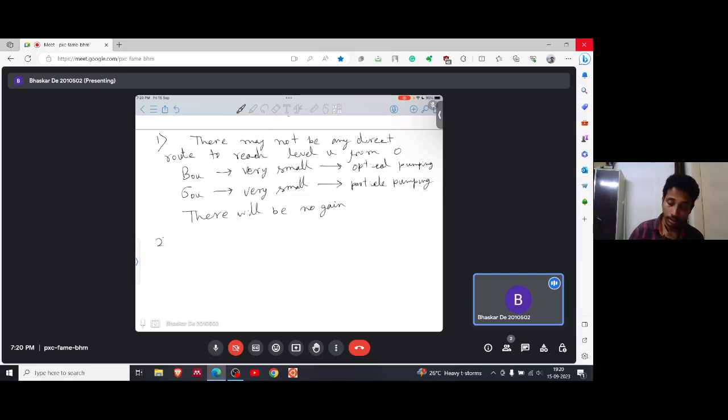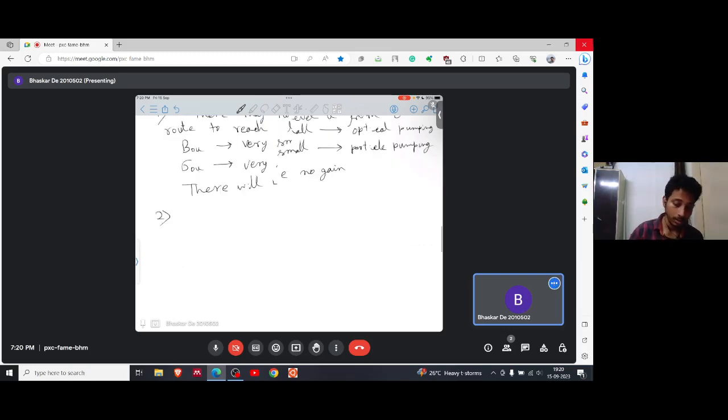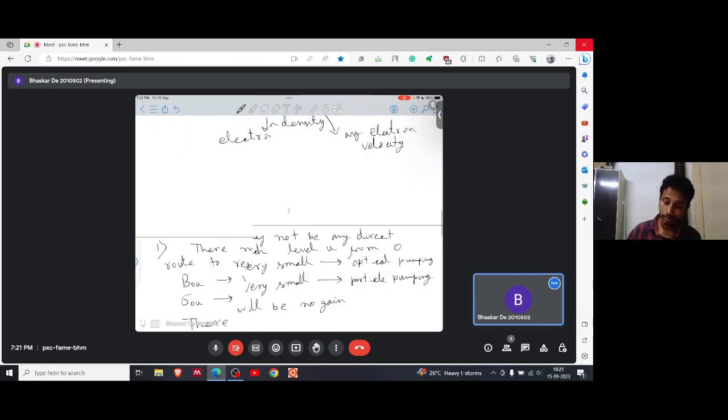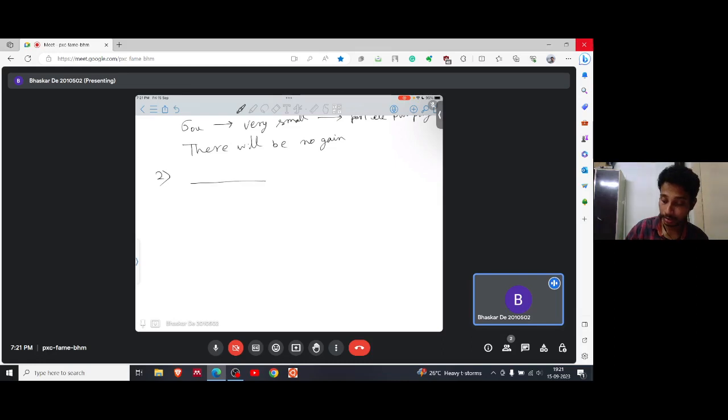So the second disadvantage is that, okay, let me draw the diagram again. This is the previous diagram we are using, where we are populating the u level.